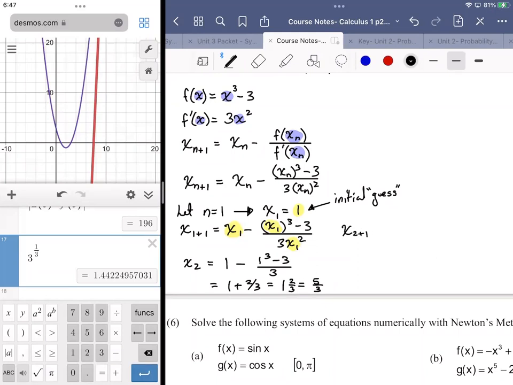So I did 1 plus 2. Sorry, no, it's 2 plus 1. I second guessed myself. All right, so that's going to be x sub 2 minus x sub 2 cubed minus 3 over 3x sub 2 squared.